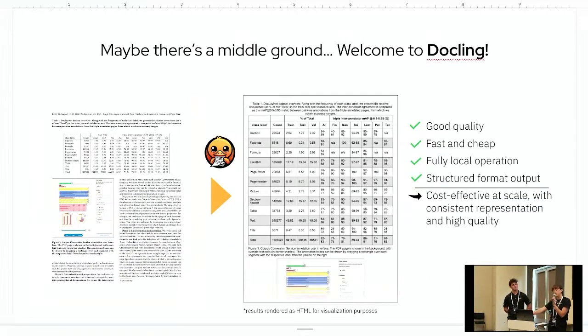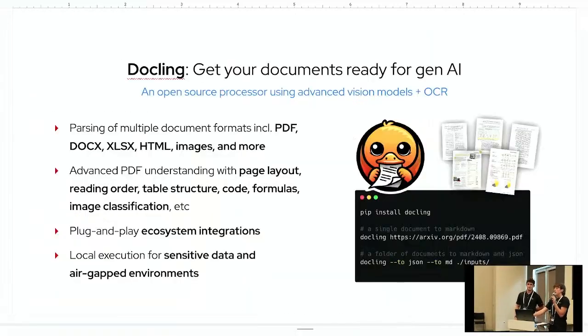So we want to introduce a project called Docling. Cedric mentioned it briefly at the front. This is from IBM, and it's going to combine OCR and typical PDF parsing technology with vision AI models that can understand structure, can understand tables, can understand images, and extract data from there. So here it is.